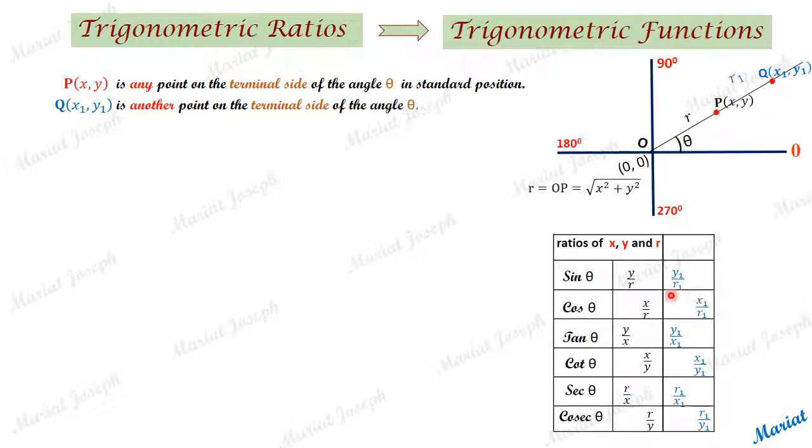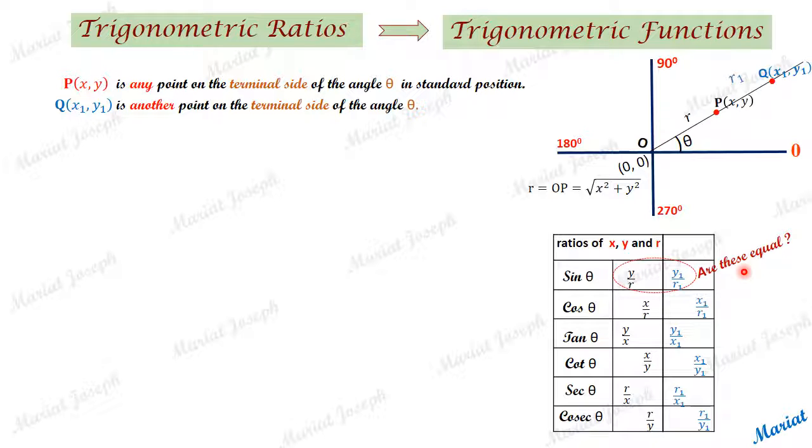Now the question is, the sin theta would be this for someone who has taken the point here. And sin theta for the same angle theta would be this ratio for another person who has taken the point here. But will this sin theta have the same values? Yet to be checked. Are these two equal?